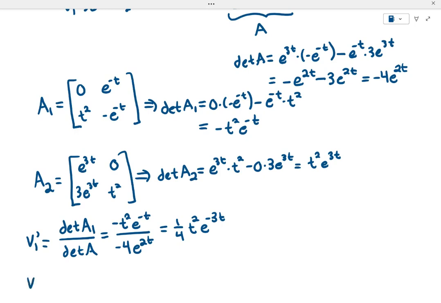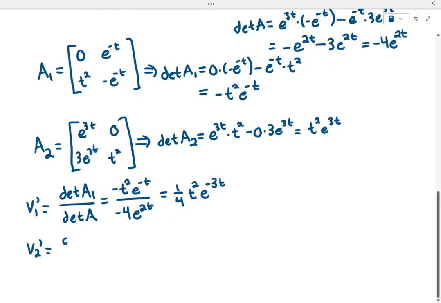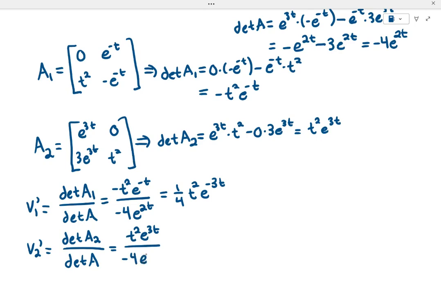And v2 prime equals the determinant of A2 divided by the determinant of A, which equals t squared e to the 3t divided by negative 4e to the 2t, which equals negative 1/4 t squared e to the t. Since these are formulas for the derivatives of v1 and v2, we have to integrate with respect to t.